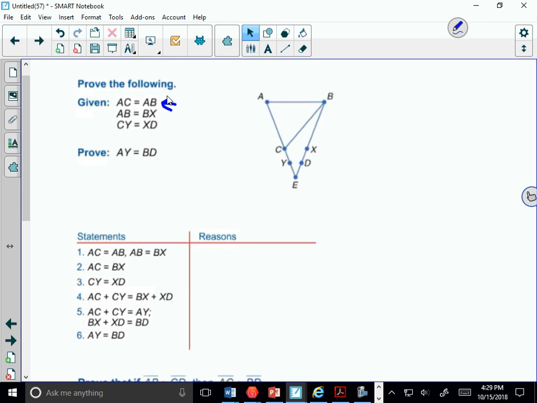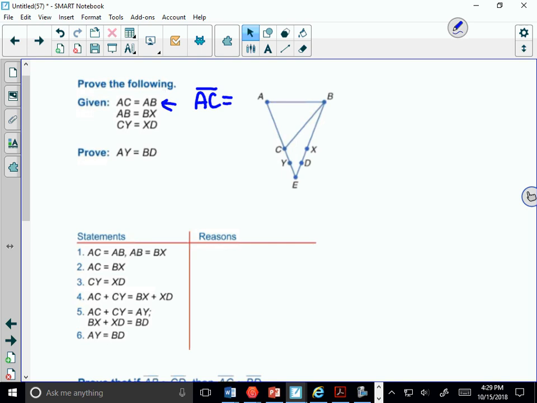When I have something like this, and it just has an equal sign, that means it is talking about the measure of that line segment. So they are talking about the measure of AC is equal to the measure of AB. The measure of AB is equal to BX, and that type of thing. If I'm actually talking about my line segment, it's going to look like that.